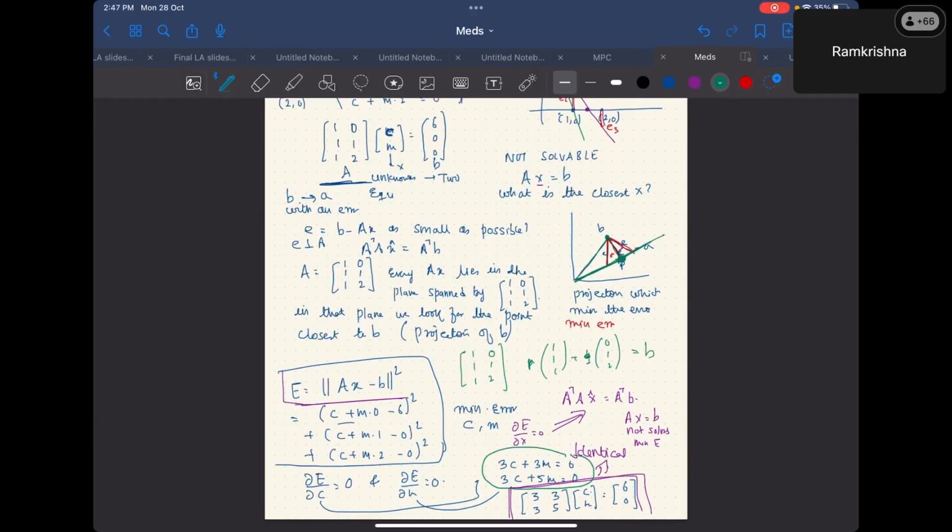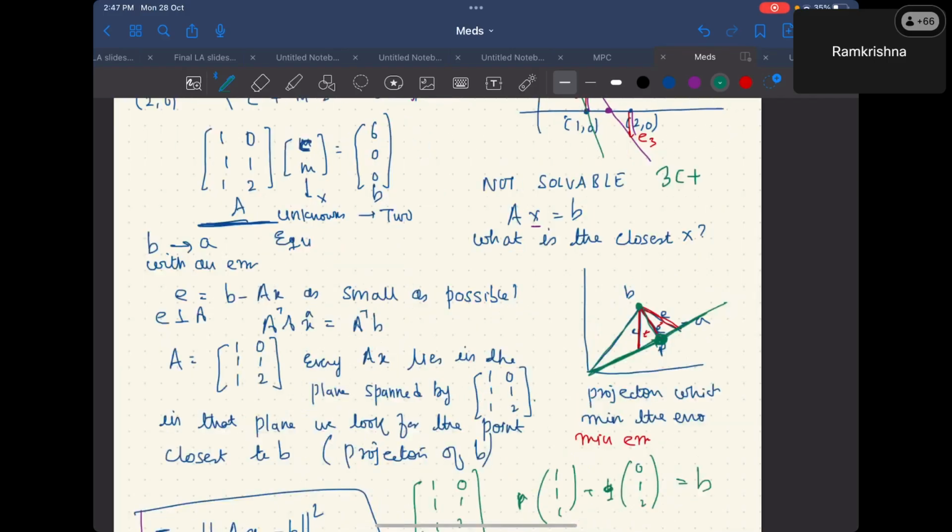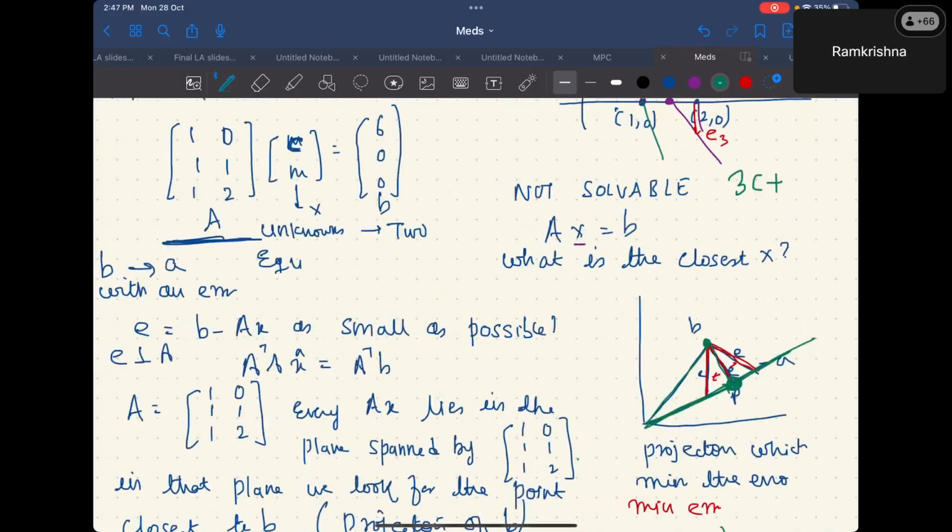Okay, so the solution to this system of equations came like 3c plus 3m was equal to 6, and then, sorry, 3c plus 5m was equal to 0. Okay, let's not solve this.